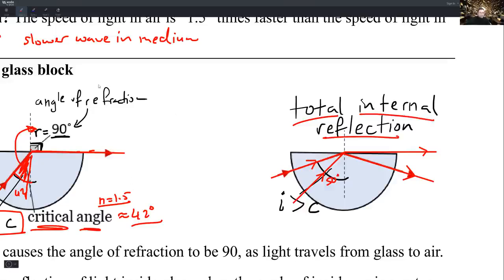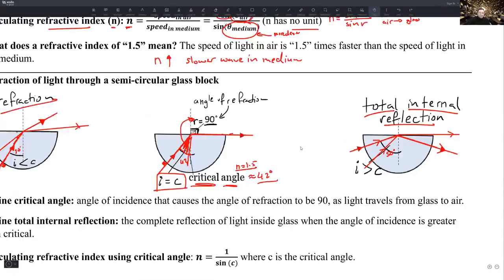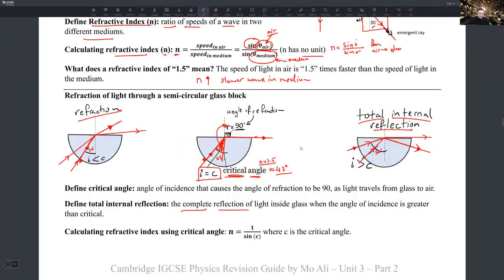What does that mean? What is total internal reflection? It is the complete reflection of light in glass. I mean, if light is moving from glass to air, it's the complete reflection of light inside the glass. When? When the angle of incidence is more than critical. So keep in mind, please, whenever you solve a problem and the light is traveling from glass to air, you have three scenarios.